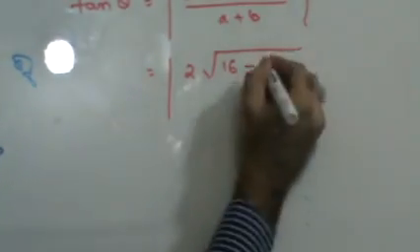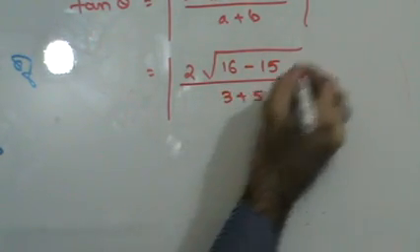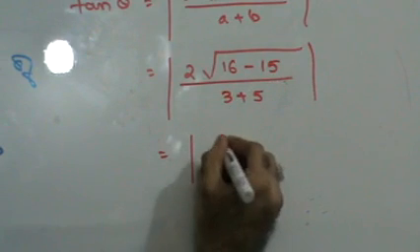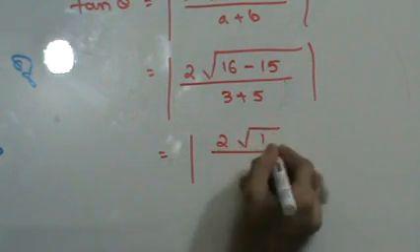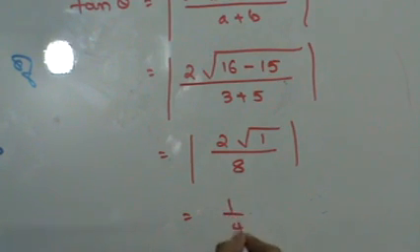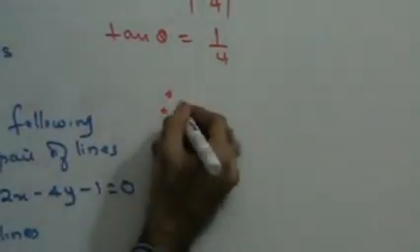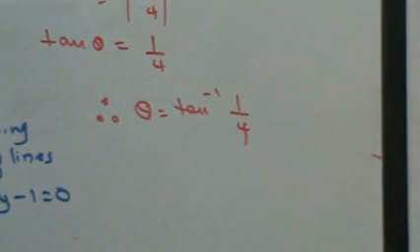AB is going to be 15 upon A plus B, 3 plus 5. So this is going to be modulus of 2 root of 1 upon 5 plus 3, 8. Tan theta is nothing but modulus of 1 by 4, which is 1 by 4. Therefore, I could say that theta is equal to tan inverse of 1 by 4. Fine. Let's see another sum, guys.